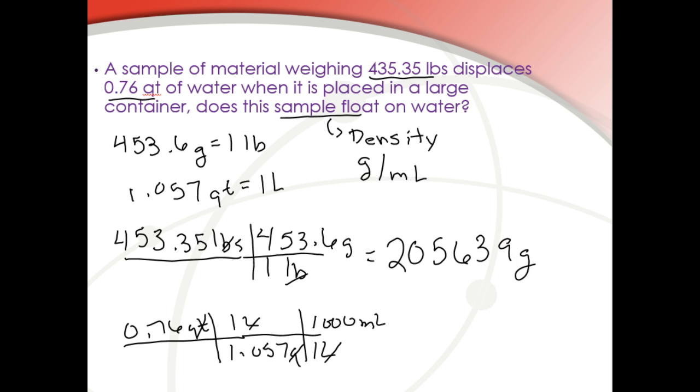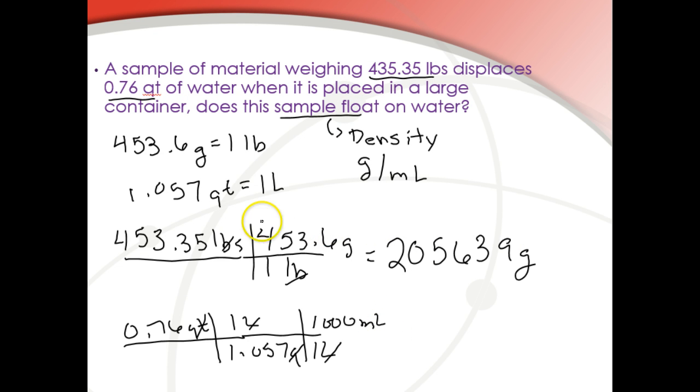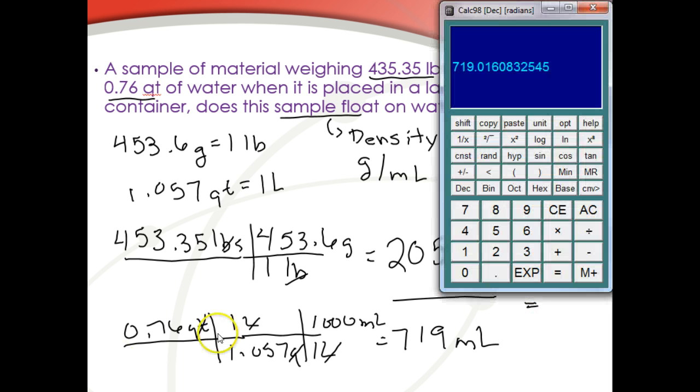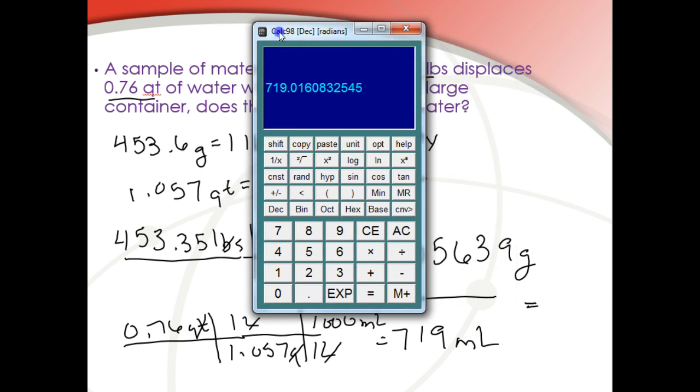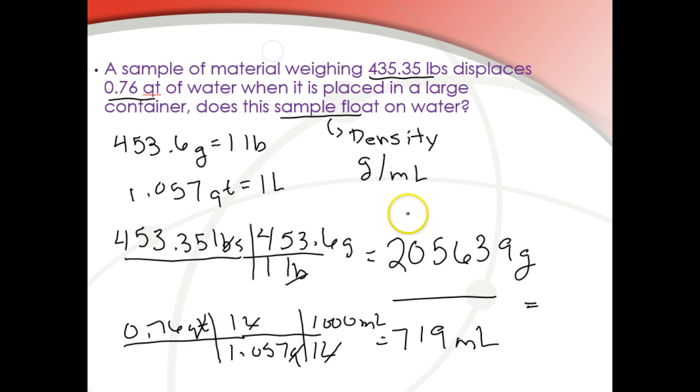And for my volume, same thing, 0.76 divided by 1.057 times 1,000 gives me 719 milliliters. Now I can divide the two and get my answer. So I've got 205,639 divided by 719. I get 286.